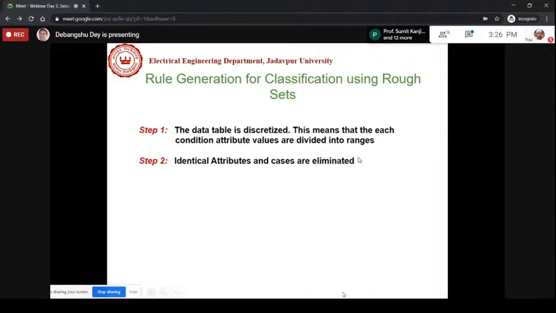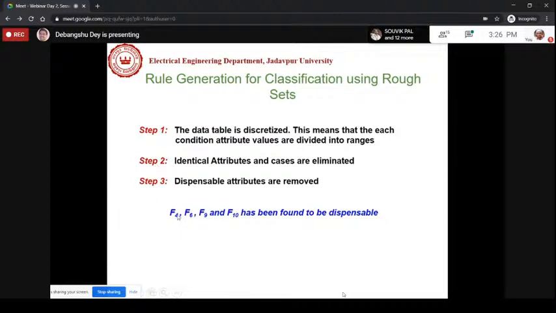Now the second step is that identical attributes and cases are eliminated. There are different mathematical steps, and we have found out, though I cannot show you because the entire table will be very large; only a computer program can handle it. Manual checking is not possible. So using a computer program, we checked with some method as described in the rough set theory.